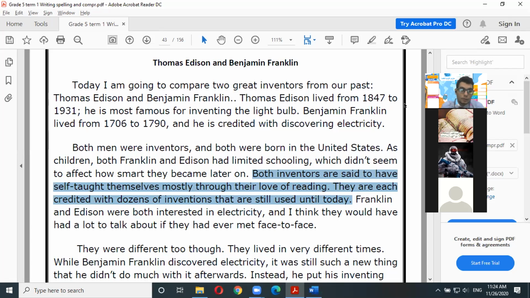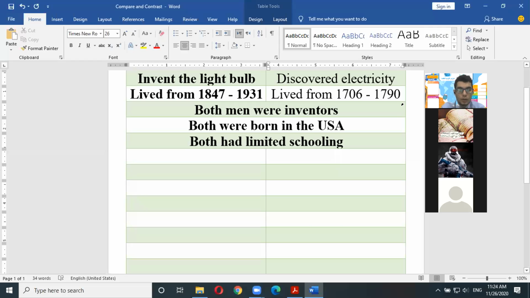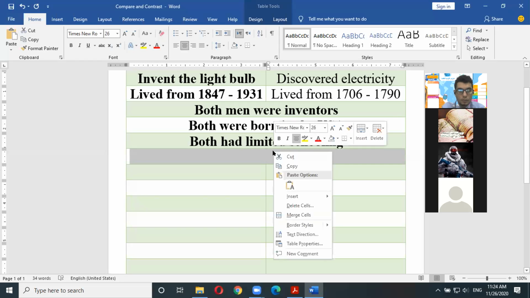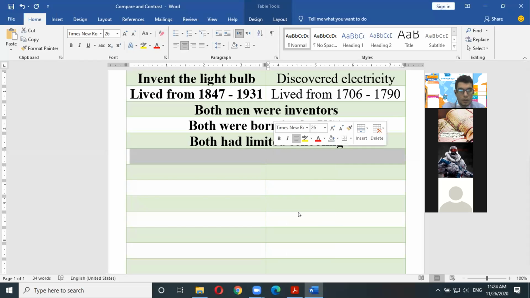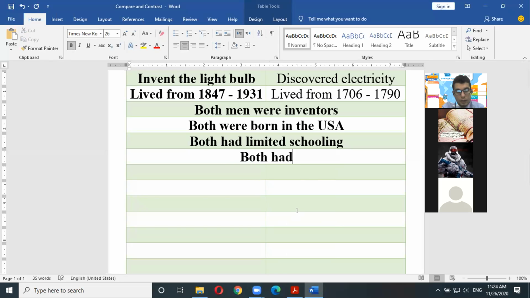What do they compare here? How are they alike here? They both have been self-taught. Very good. Both have been self-taught.